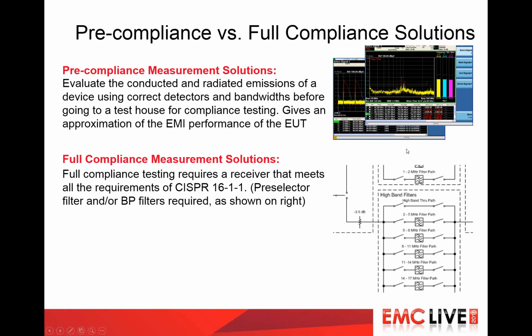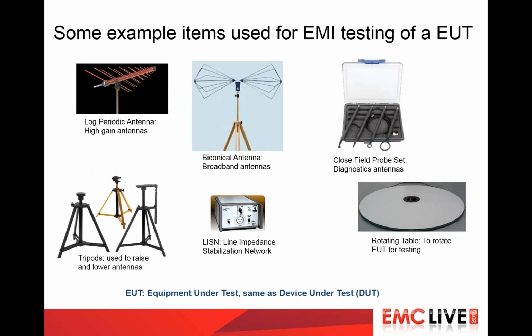So there are ways to work around the ambient noise that you have in the background. That's the biggest problem that you have being a pre-compliance tester out there. You're working on a bench, you want to test your device, you don't have the funds to buy a full compliance solution. A full compliance solution is typically 3 times the cost of a pre-compliance solution.